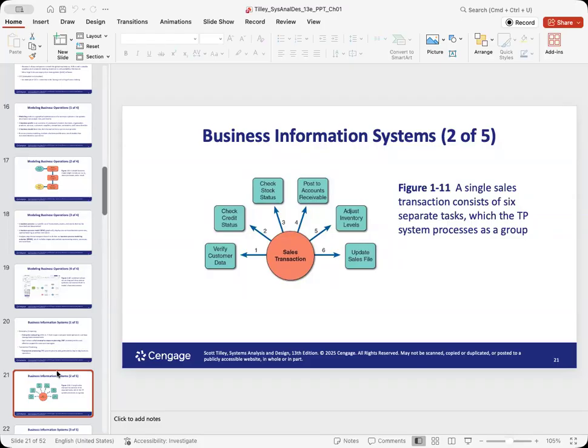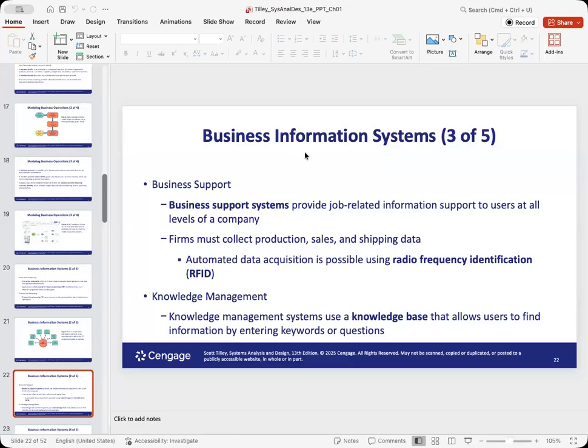And then it adjusts inventory levels. And after adjusting inventory levels, it updates the sales file. And the transaction is complete. All right. Any question? We'll continue.